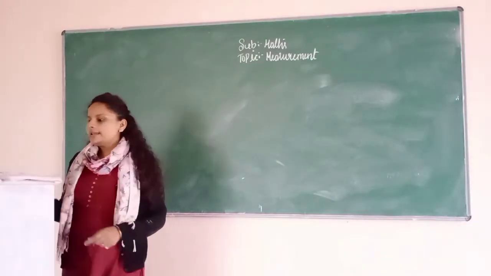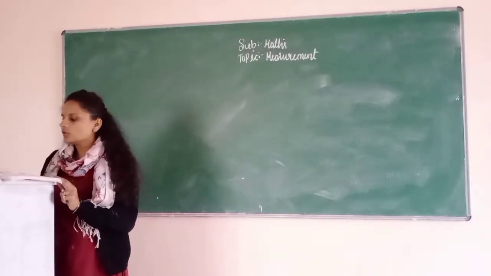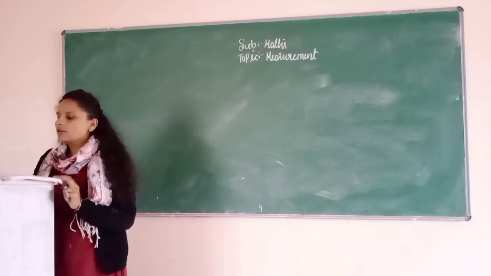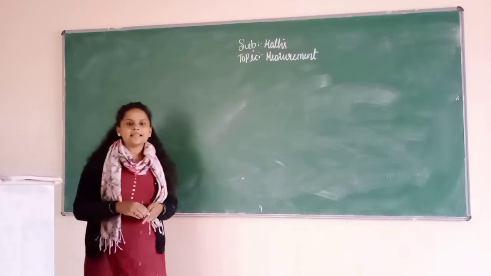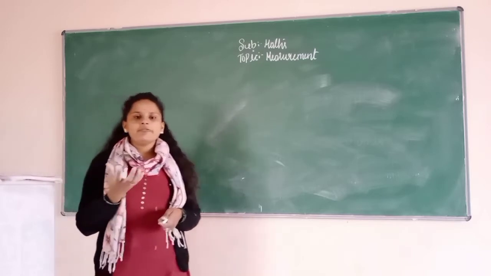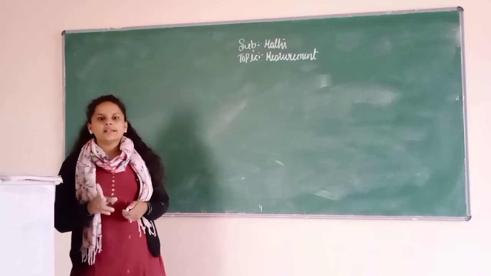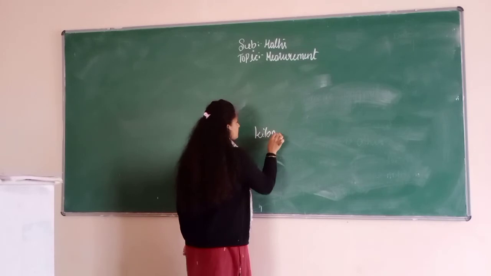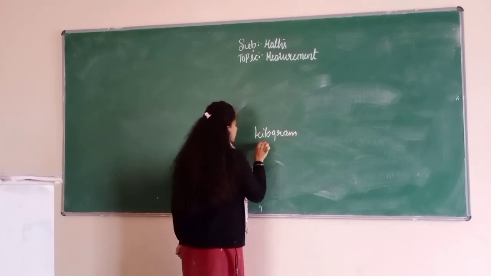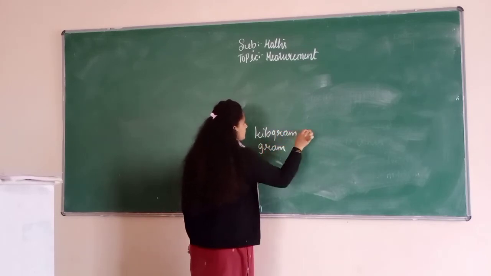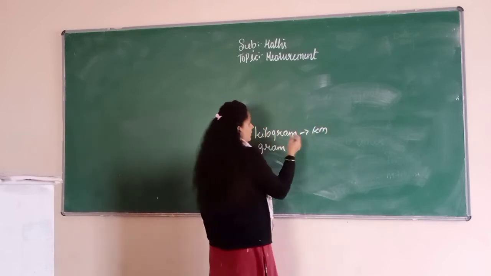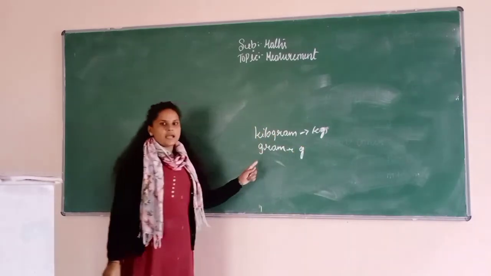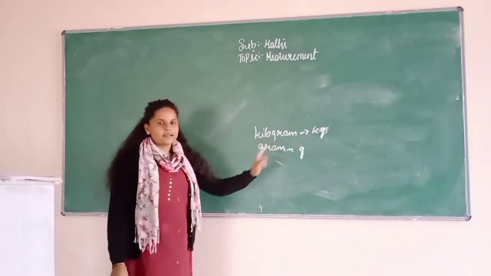Okay children, 9A will be your homework and 9B is also your homework. Now, measurement of the mass. Measurement of the mass is weight. We have two units of mass, that is kilogram and gram. We can write kilogram as kg, and gram as g.